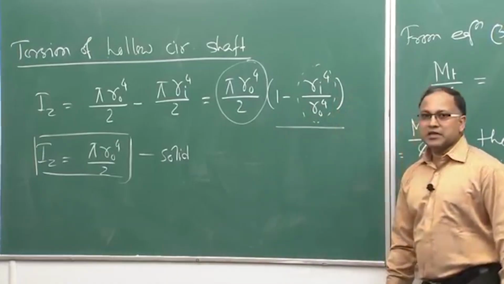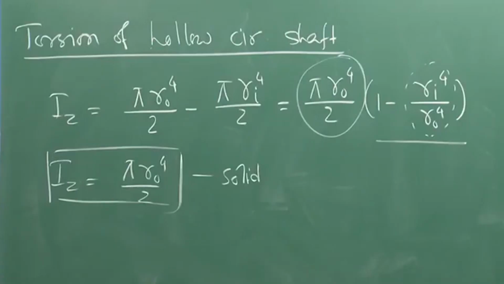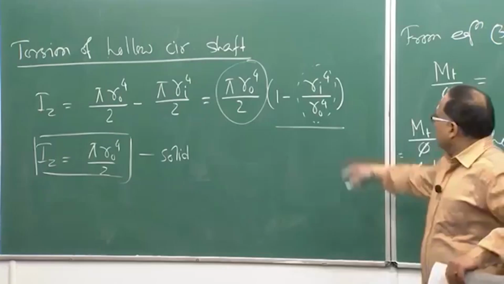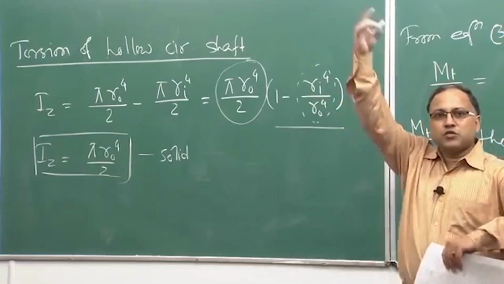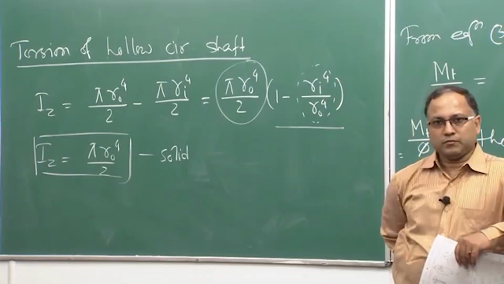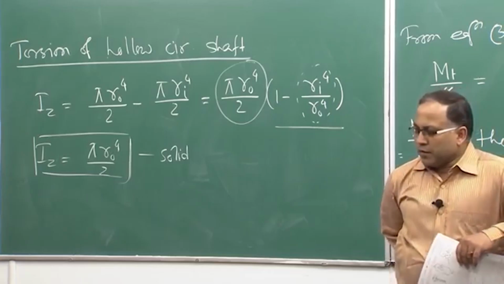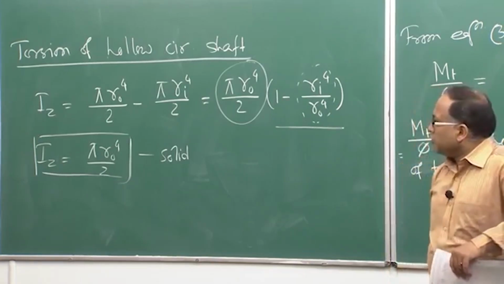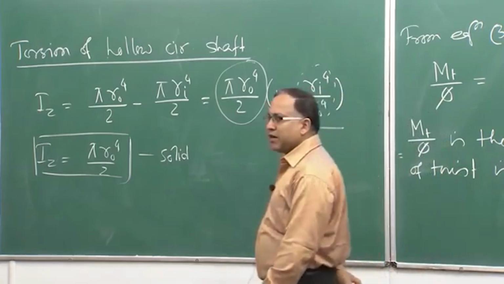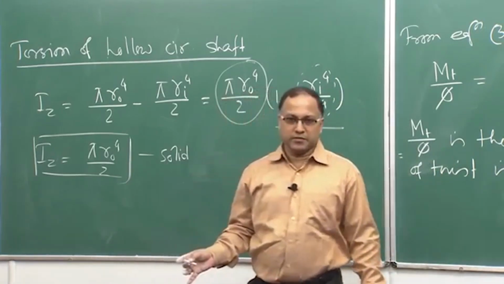This factor is almost equal to 1, because this ratio is taken to the fourth power. So, for a hollow circular shaft, your polar moment of inertia is not much affected.